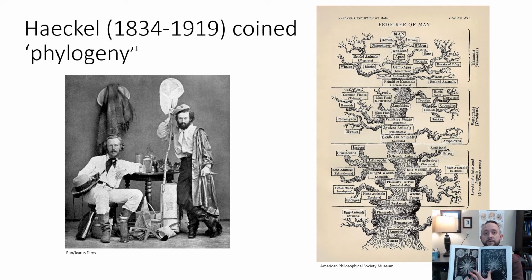I never realized who he was in this sense until now, but he was originally a physician and he was German, and he had some crazy ideas about race and other things. But you can see the example of his tree here. He was building more of a ladder and not a diagram like a phylogenetic tree we think of today, with man at the top and then everything was kind of placed underneath that.